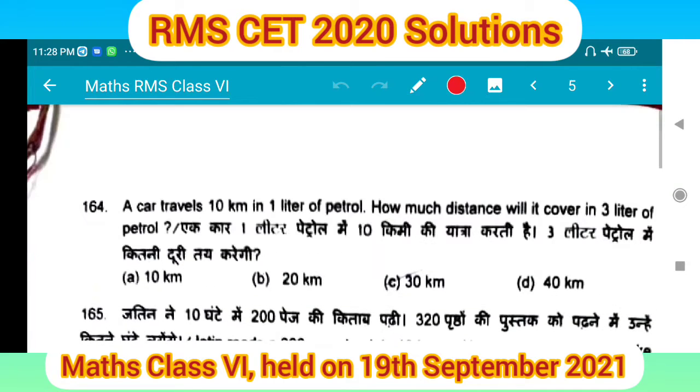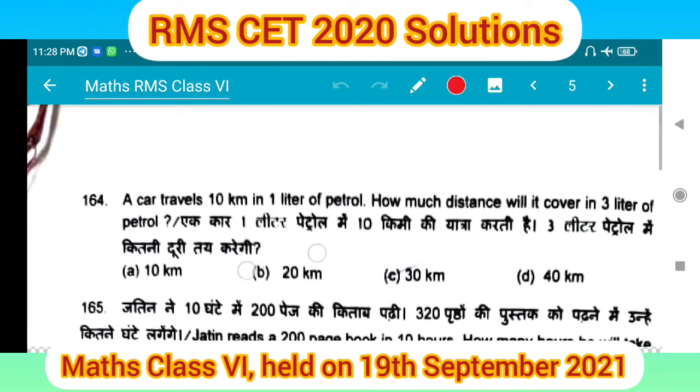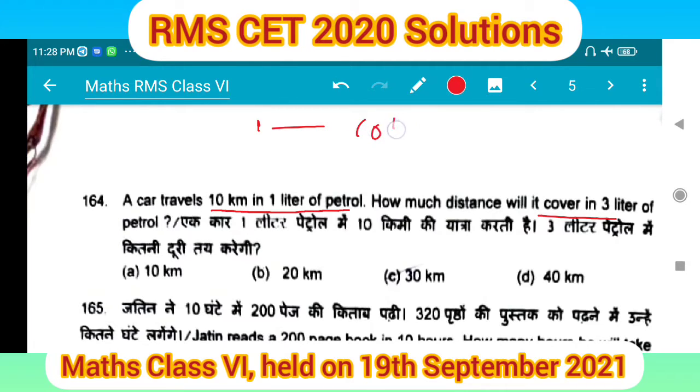A car travels 10 km in 1 liter of petrol. How much distance will it cover in 3 liters? In 1 liter it travels 10 km. This is the unitary method.